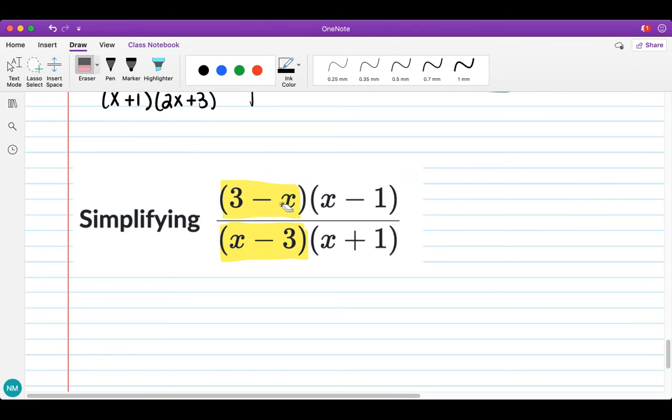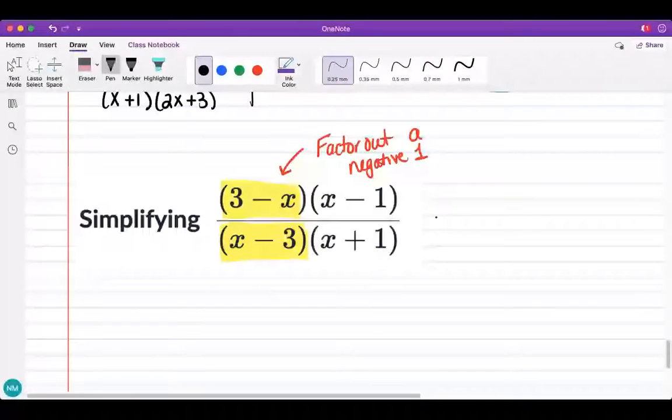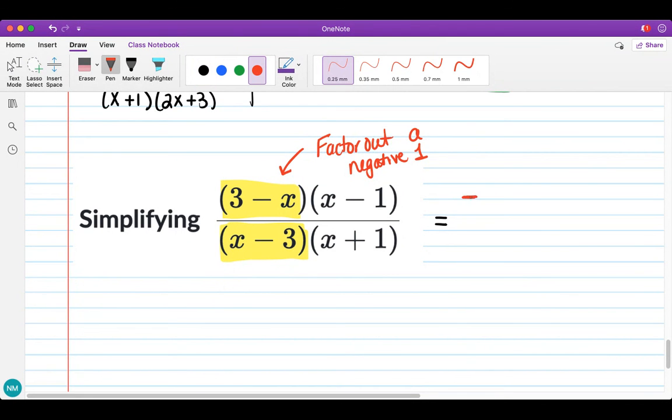They're exact opposites. So what you can do here is factor out a negative 1, technically, right? So I'm going to write it over here. If I factor out a negative 1, then I get -3 plus x, right?